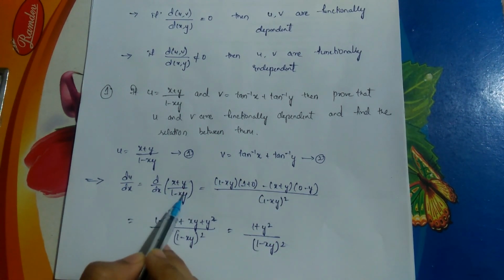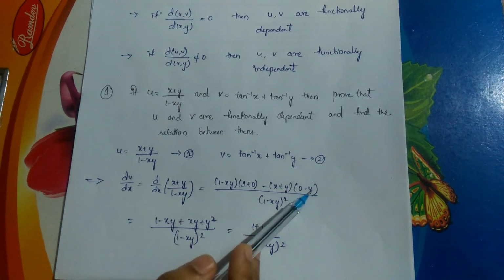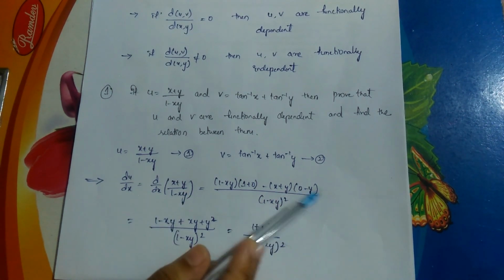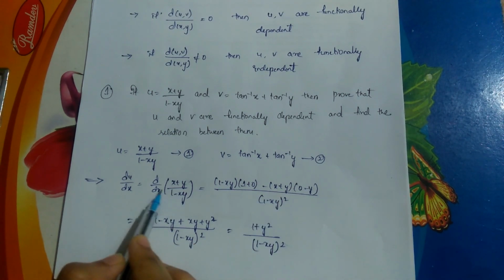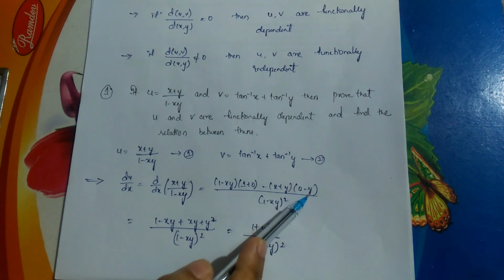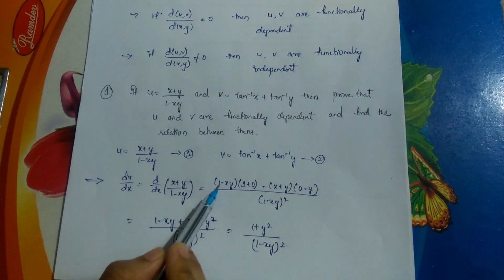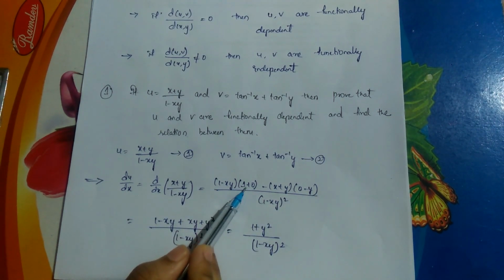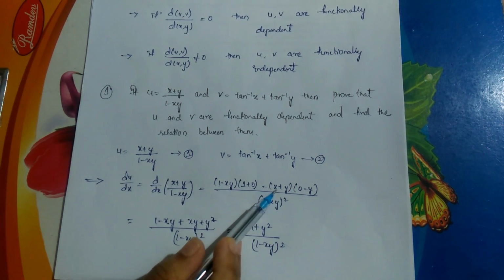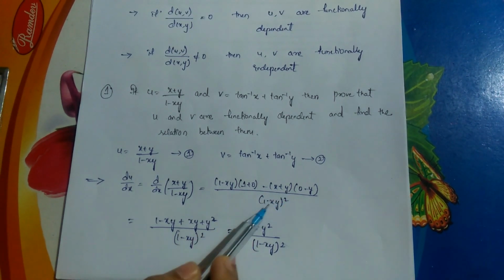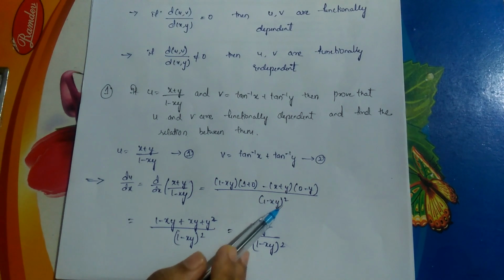When we are differentiating with respect to x, y is treated as constant, so that's why we have written y here, and then it is multiplied with x differentiation with respect to x, that is 1. So y into 1 is y, and here that is (1 minus xy) into (1 plus 0) minus (x plus y) of (0 minus 1) y, by (1 minus xy) whole square.